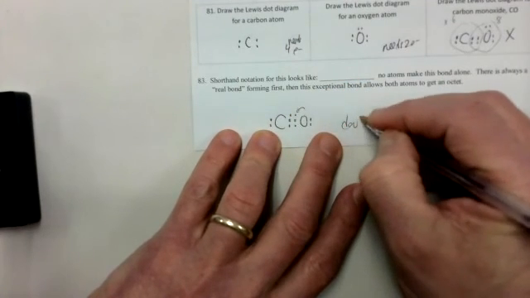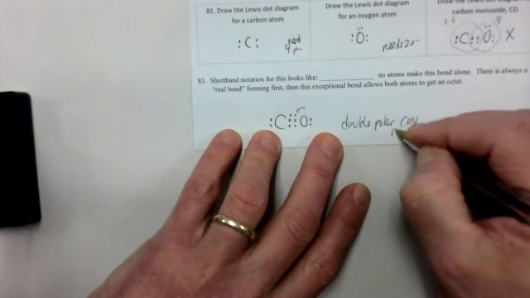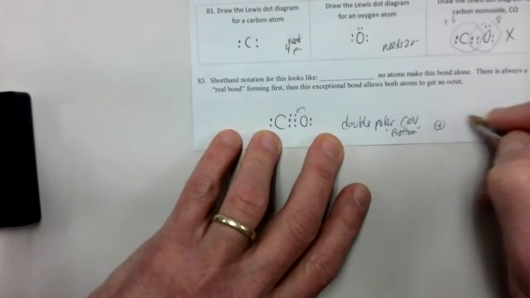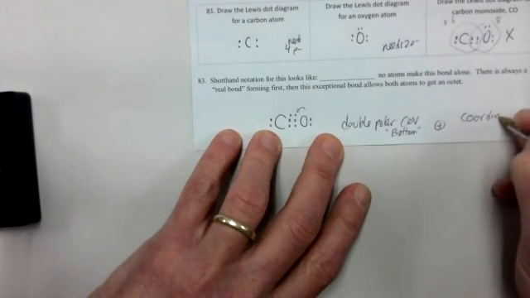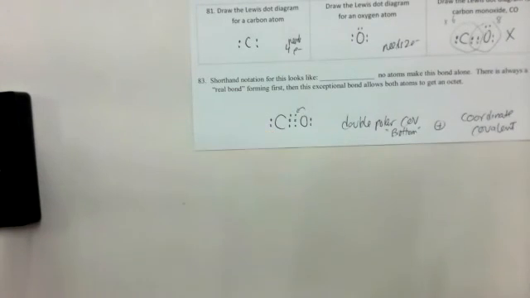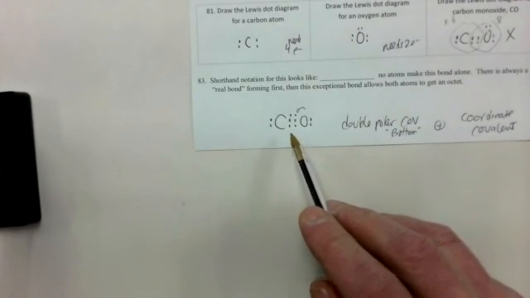So we have here a double polar covalent bond on the bottom of this diagram, and we have something called the coordinate covalent bond, which means that the oxygen just lends 2 electrons in. So in some ways it looks like a triple bond, but it's not triple.